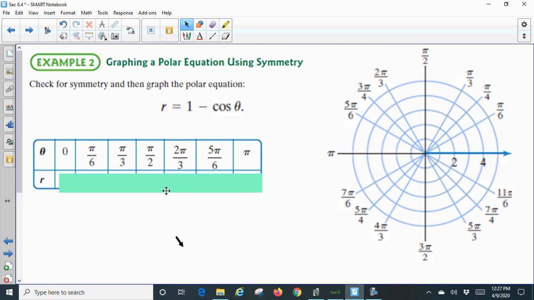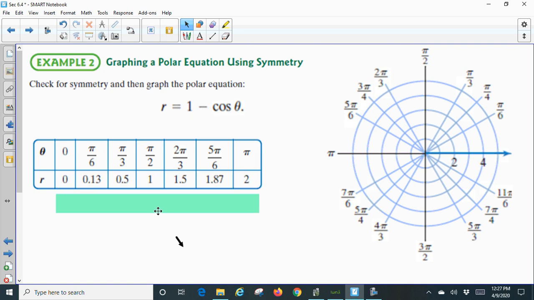The blue bar is simply covering up those values. So I looked up the cosine of each of these angles and then did 1 minus that cosine and rounded off to an applicable value. And I got 0, 0.13, 0.5, 1, 1.5, 1.87, and 2.